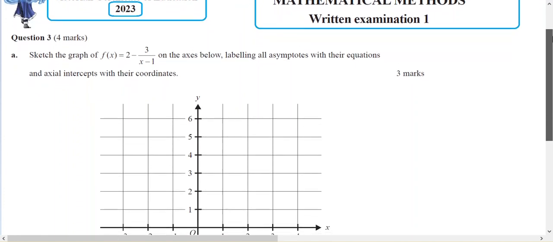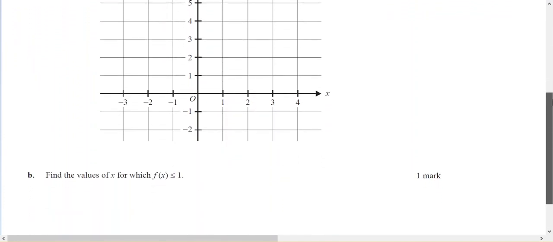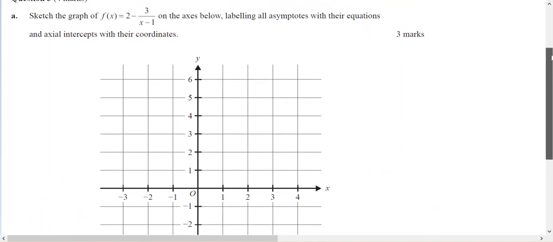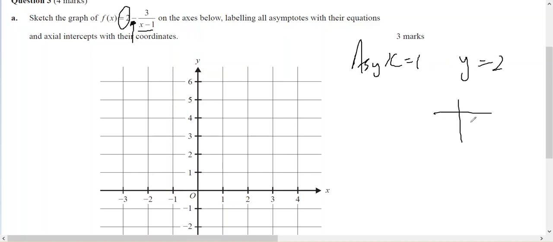Number 3 is a sketching of a hyperbola and then solving an equation. Okay, so the hyperbola is going to have an asymptote at x equals 1 and y equals 2. And because of the negative, it's going to sit in this quadrant and this quadrant.